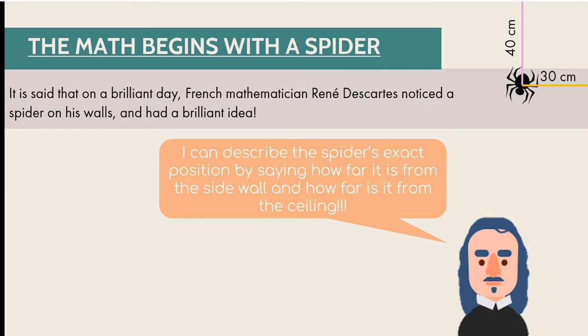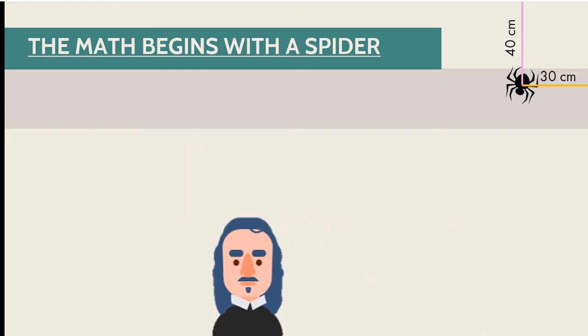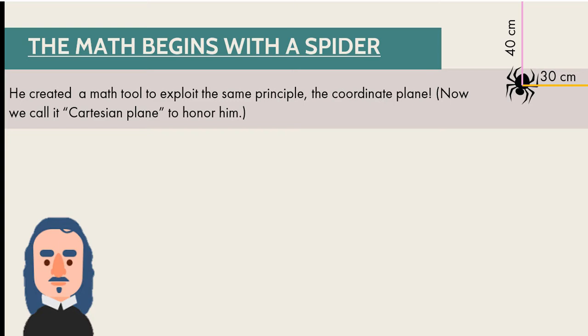Inspired by the situation, René Descartes created the coordinate plane that can describe positions using numbers. He created a math tool to exploit the same principle, the coordinate plane. Now we call it the Cartesian plane to honor him. Cartesian is the adjective form of the word Descartes, which is his surname.